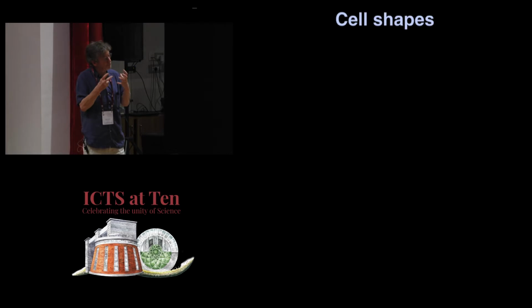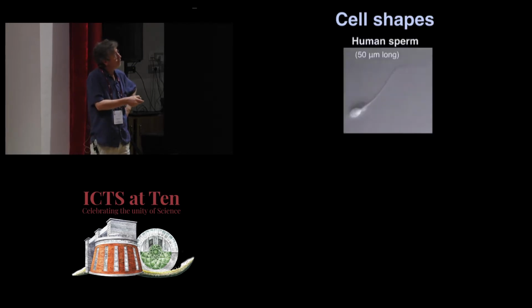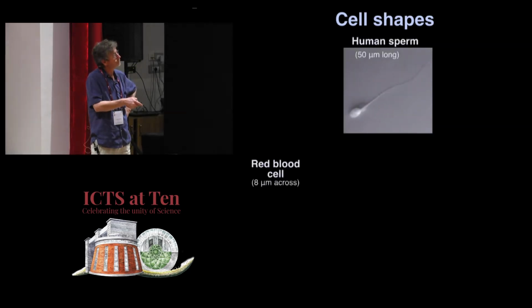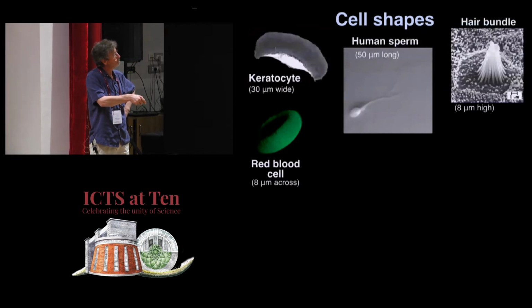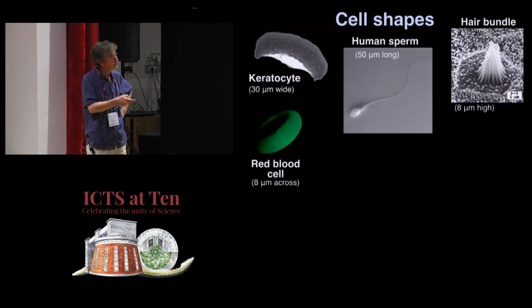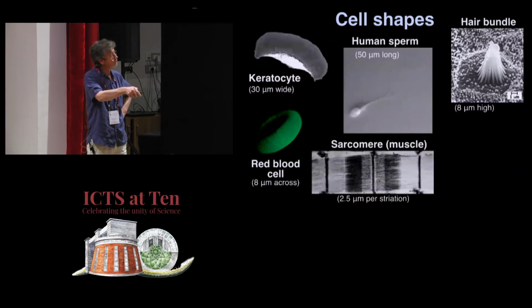Another set of questions, which for me is more related to the work that I'm doing, is what determines cell shapes? I mean, here's a human sperm, here's a red blood cell, here's a keratocyte, a highly mobile cell. Here is a cell in our ear that senses sound and accelerations. Here's a section of a muscle fiber.